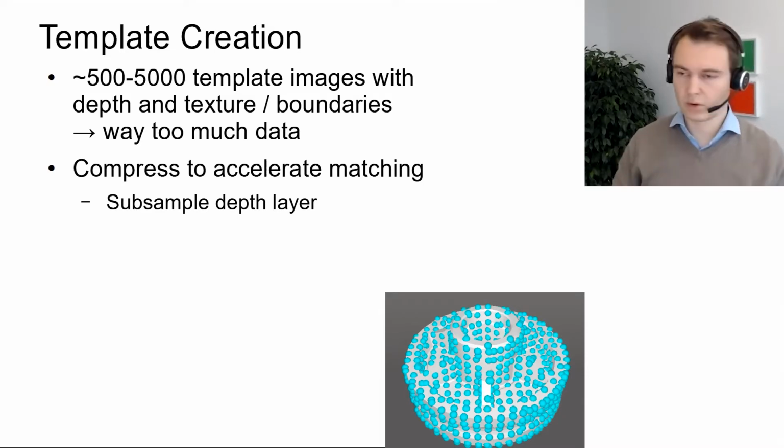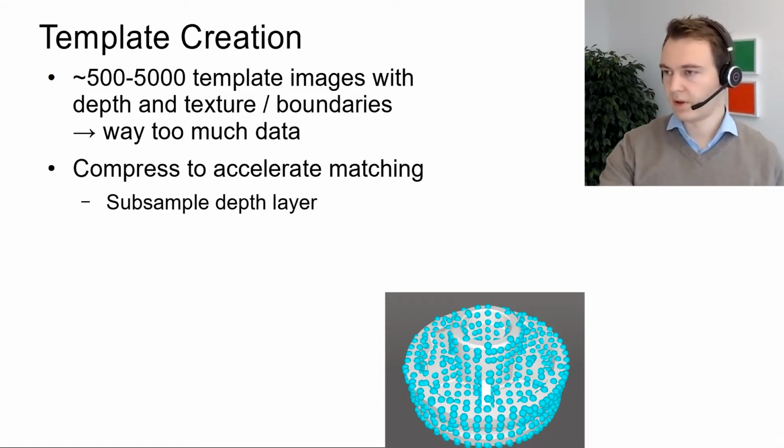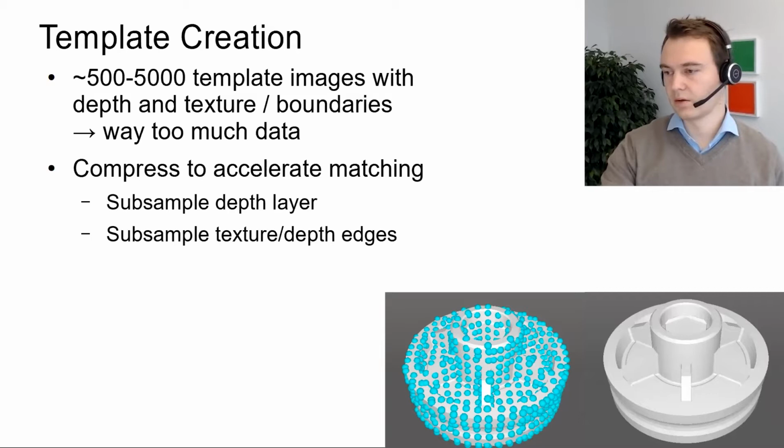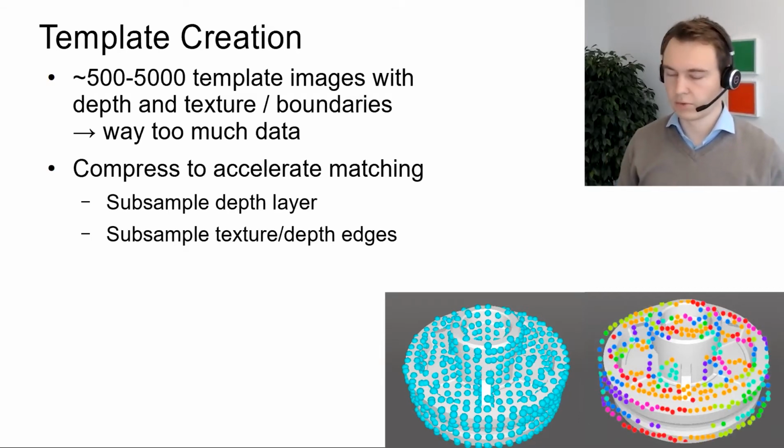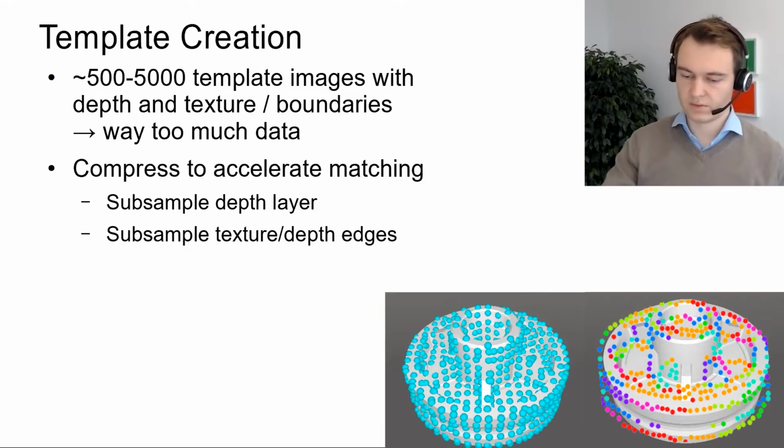Of course, you can always influence these things, but in general, the automatic settings are fine. And so the depth layer is subsampled, and the same we do for the texture layer. We subsample the texture and boundary information in order to only have a very sparse representation of each of these templates.